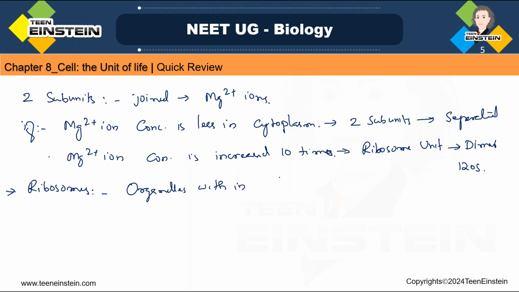And about ribosomes, the chemical composition we need to know: ribosomes are chemically composed of ribosomal RNA and proteins.